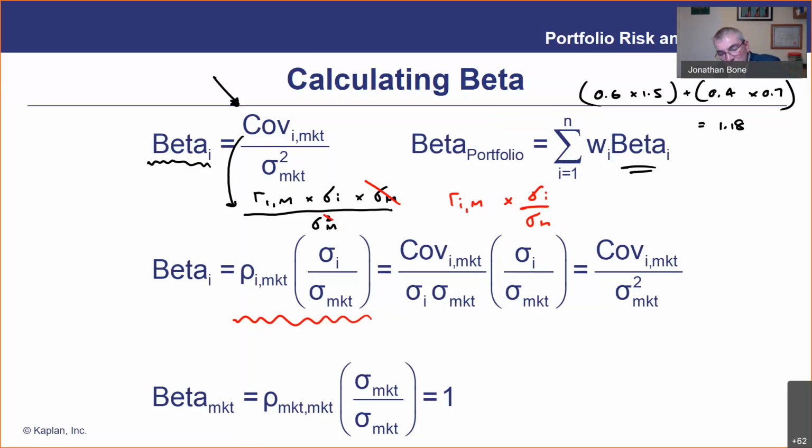And of course, by definition, the market portfolio itself must have a beta of 1, because it would be the correlation of the market portfolio with itself, which is 1, multiplied by the standard deviation of the market, divided by the standard deviation of the market. So this equals 1. So the beta of the market portfolio is always 1.